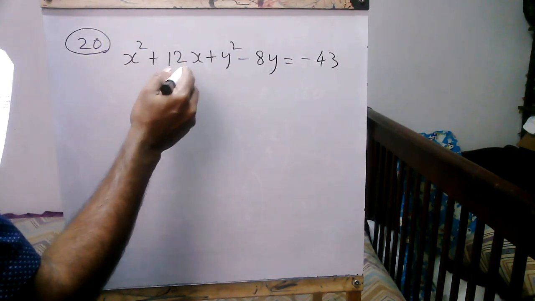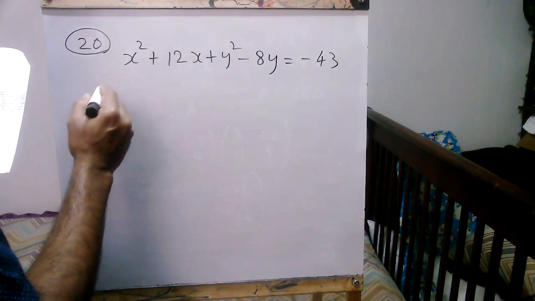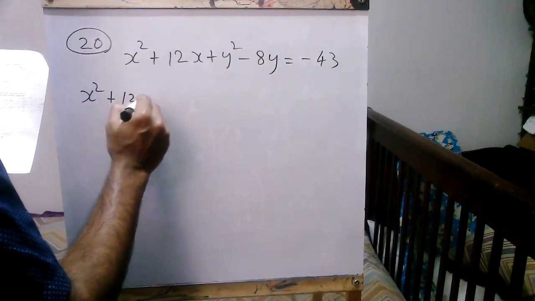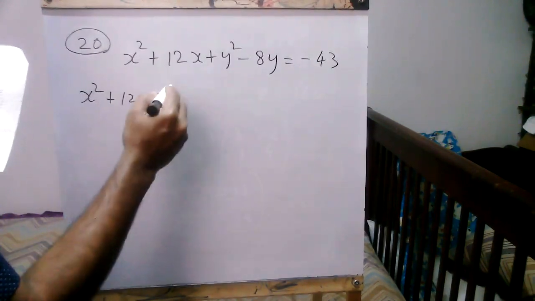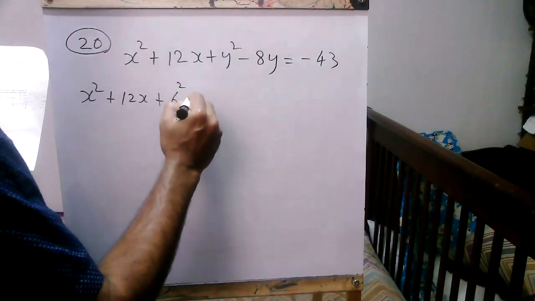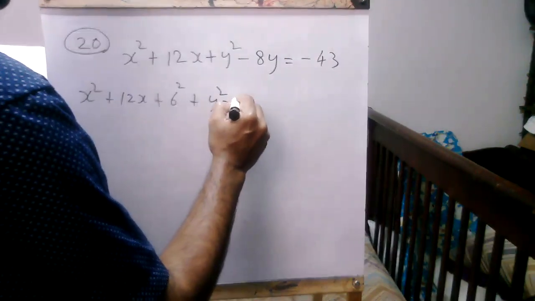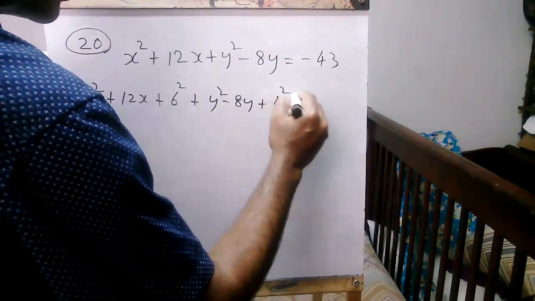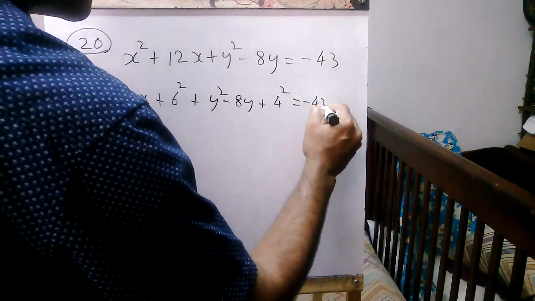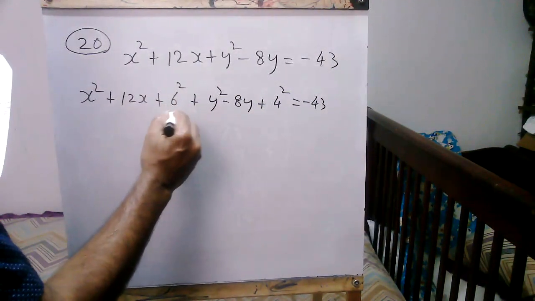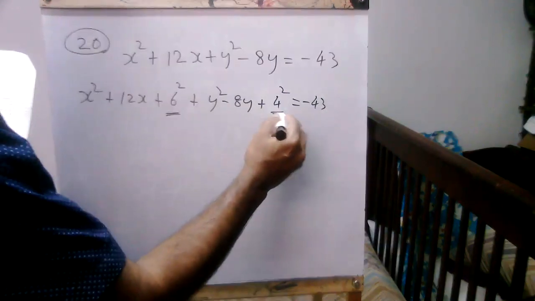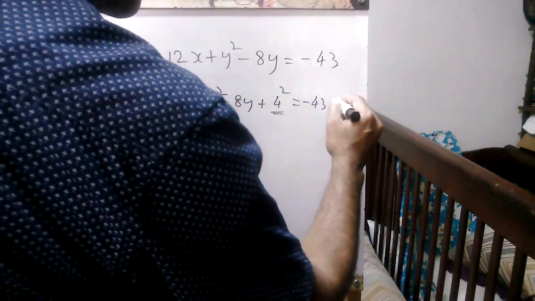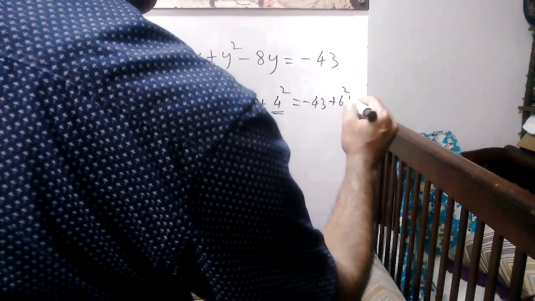So we can write this as x squared plus 12x plus half the coefficient of 12, which is 6, squared, plus y squared minus 8y plus half the coefficient of 8, which is 4, squared, equals negative 43. Here we add extra 6 squared and 4 squared, so we have to add that to the right side too.